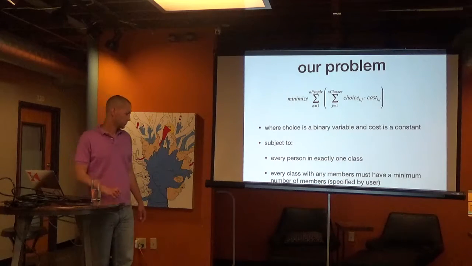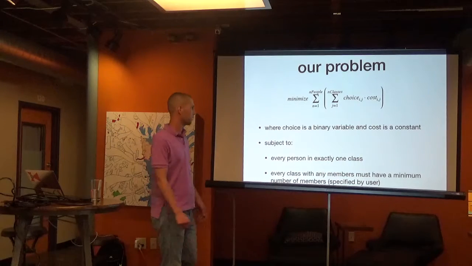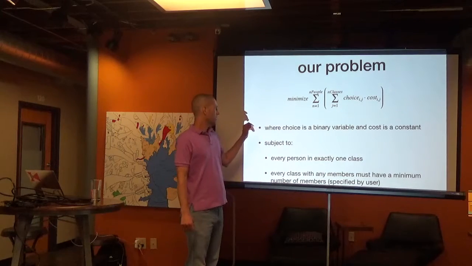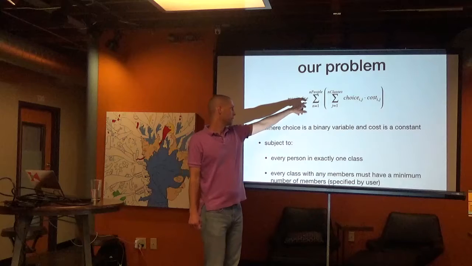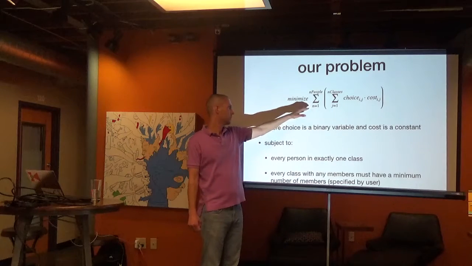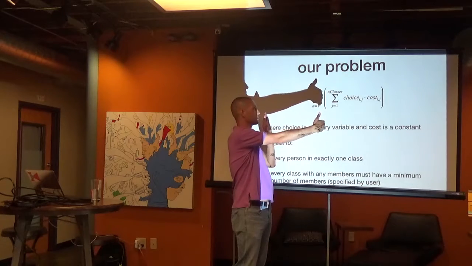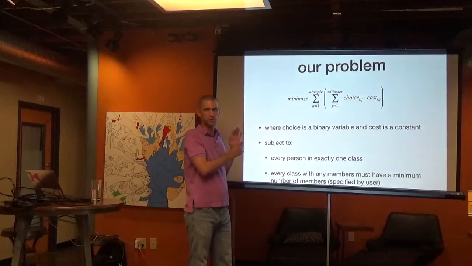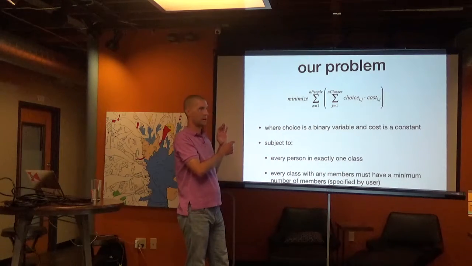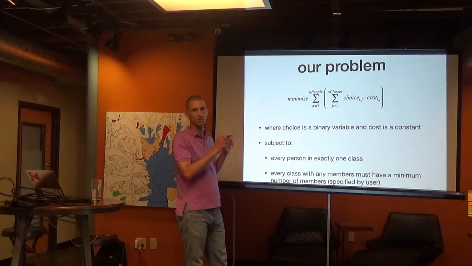So the problem we're trying to optimize here is trying to minimize, for each of the people, the sum across those rows we just looked at of their choice variable, so that's 0 or 1, times the cost, which in this case is just the rating that they applied to it.